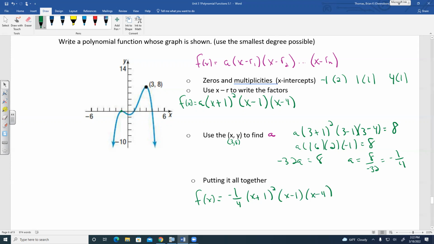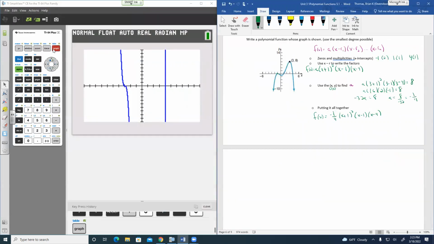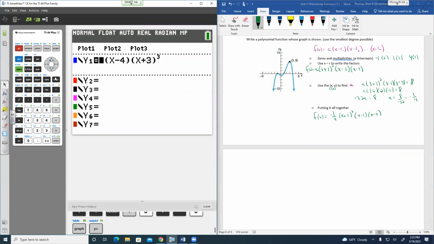So if we want to verify that using our graphing calculator, if we hit the y equals button and clear that off, we should have then this -1/4. I'm just going to use parentheses there instead of that other button.